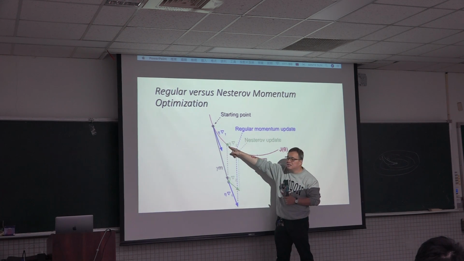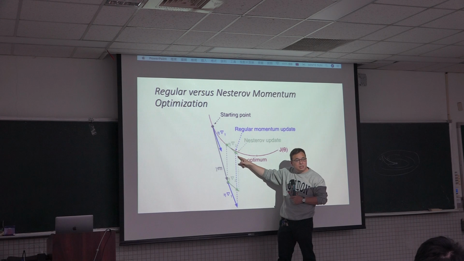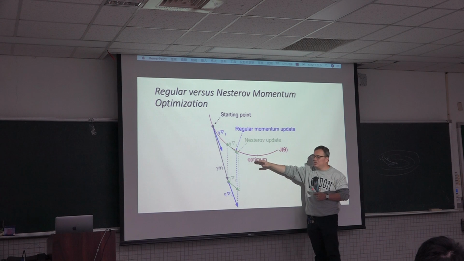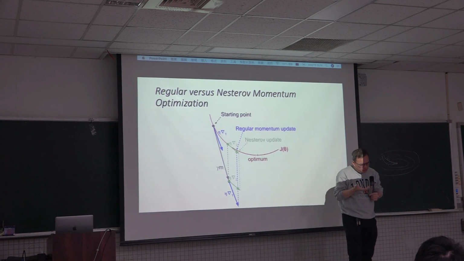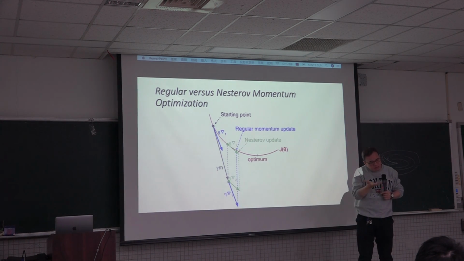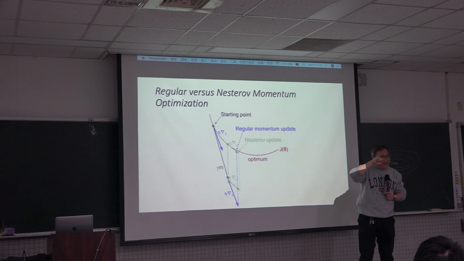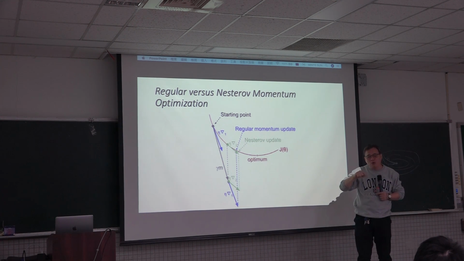This one, right? Because you are trying to reach the minimum. So the closer you get to this optimum, the more likely this direction is going to point to this optimum.